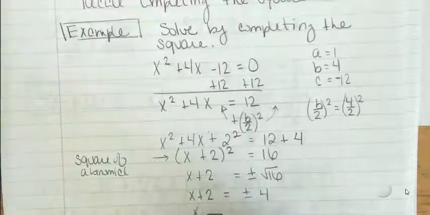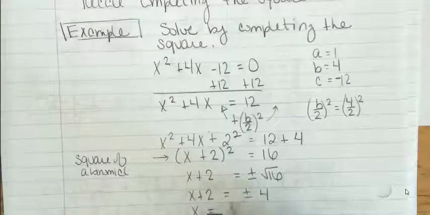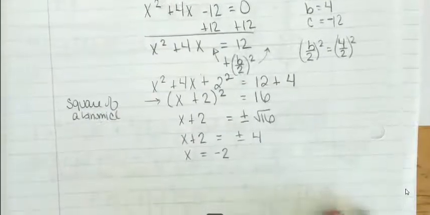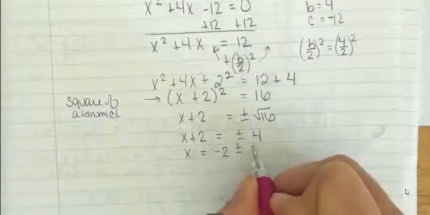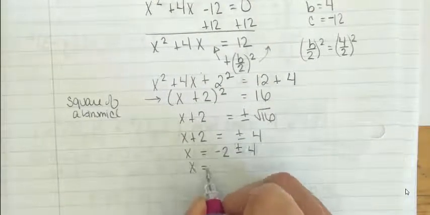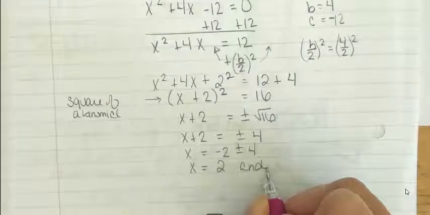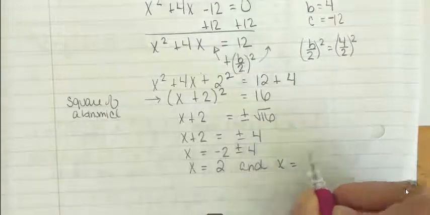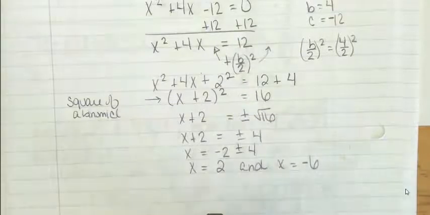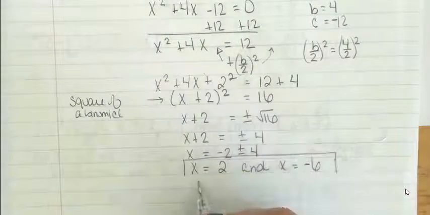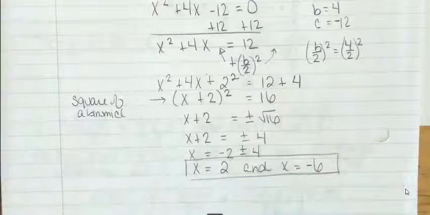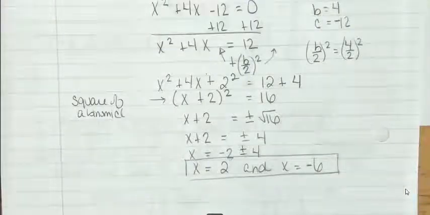And so when I solve this, I get x equals, I'll subtract 2 from both sides, plus or minus 4. So I get x equals negative 2 plus 4, which is 2. And x equals negative 2 minus 4, which is negative 6. So there's your two solutions. Yes, you could have factored this, but I'm reviewing how to solve using completing the square.